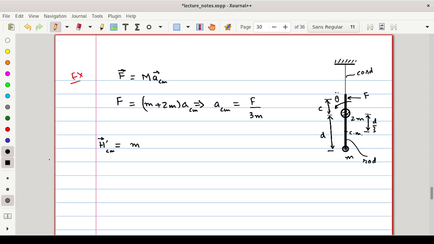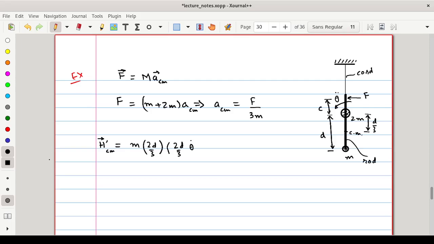This mass is at a distance of 2d by 3 from the center of mass, and its relative velocity will be 2d over 3 theta dot, using the formula v is equal to r omega.